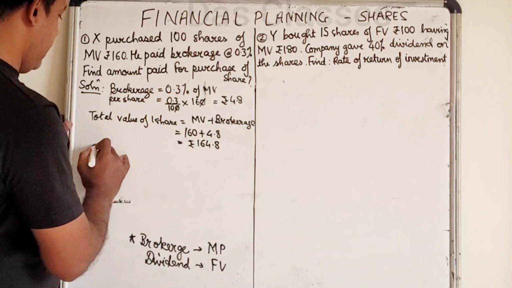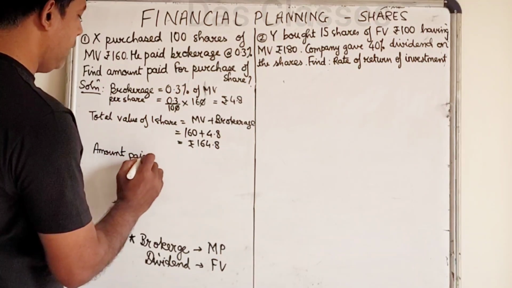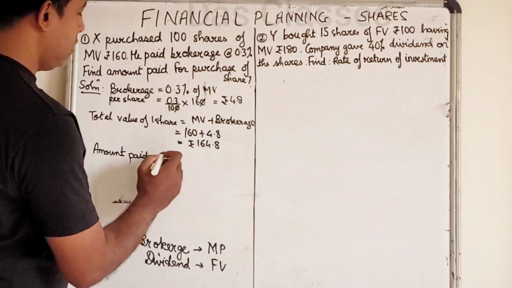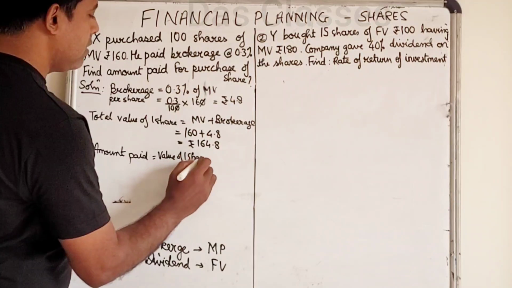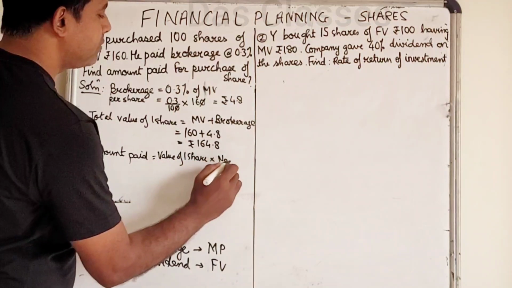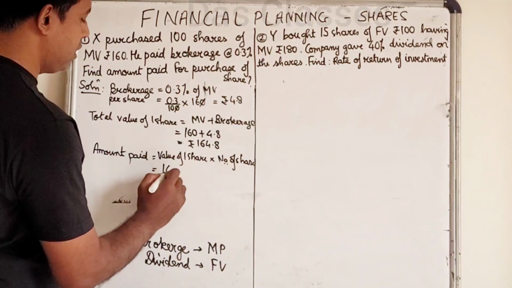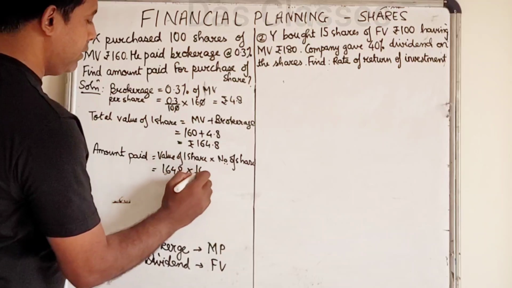So the amount paid will be equal to the value of one share into number of shares. So value of one share is 164.8 and he purchased 100 shares, so into 100.